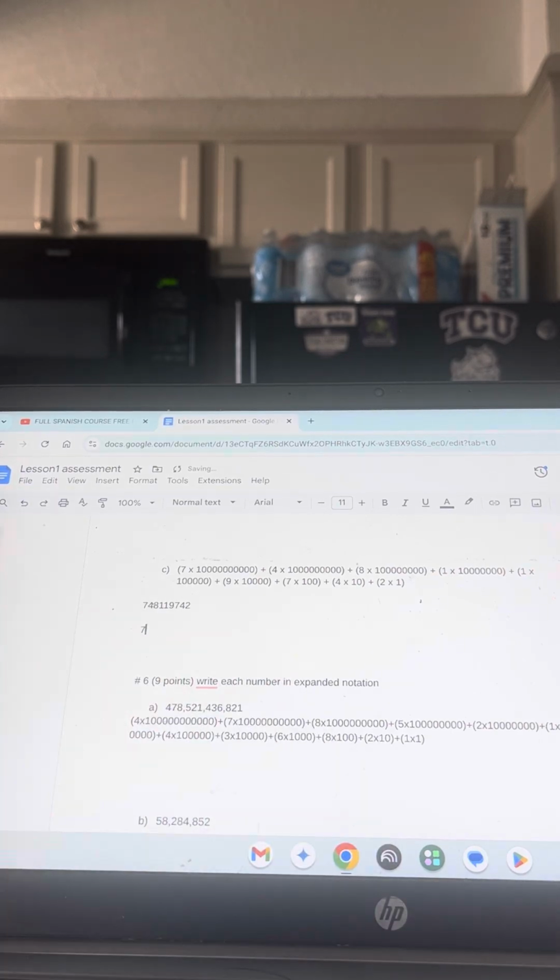You have 7 times 10 billion. What place value comes right below the 10 billions place? The billions place value does. Do you see anything in this problem being multiplied by billion? Well, 4 times 1 billion, which means 4 is in the billions place.